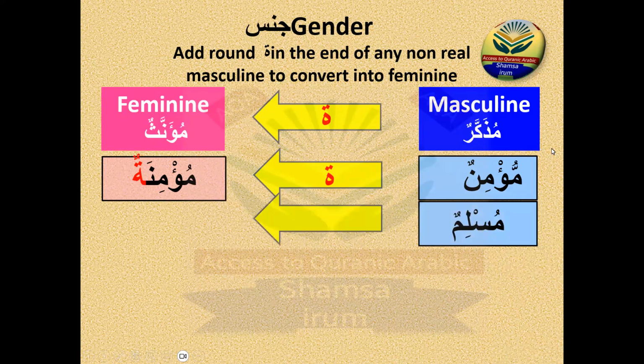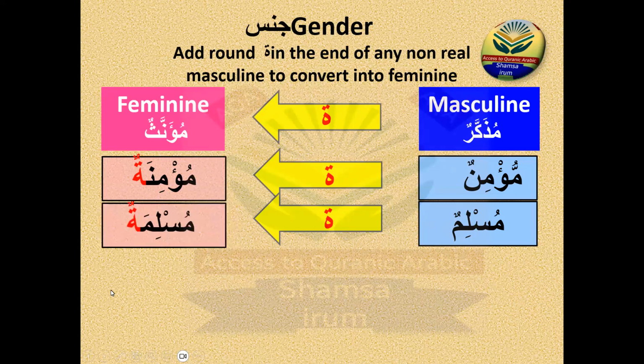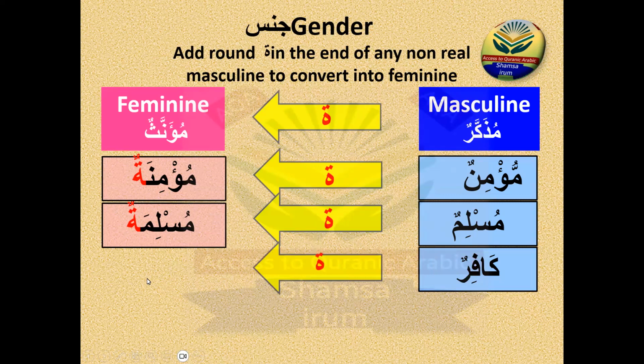And some more examples. Muslimun, add the round ta, and I want you to participate with me, but don't unmute your mic. Just say by yourself: if it is Muslimun, add ta marbuta, round ta in the end of this word and convert it into feminine. It will be muslimatun. Same like kafirun, add round ta in the end, it will be kafiratun.